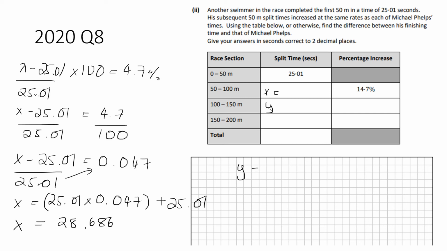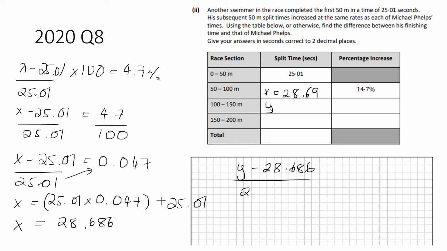So x is 28.69 to 2 decimal places. So for y, I have to do y minus 28.686. I'm just going to keep it as accurate as I can.